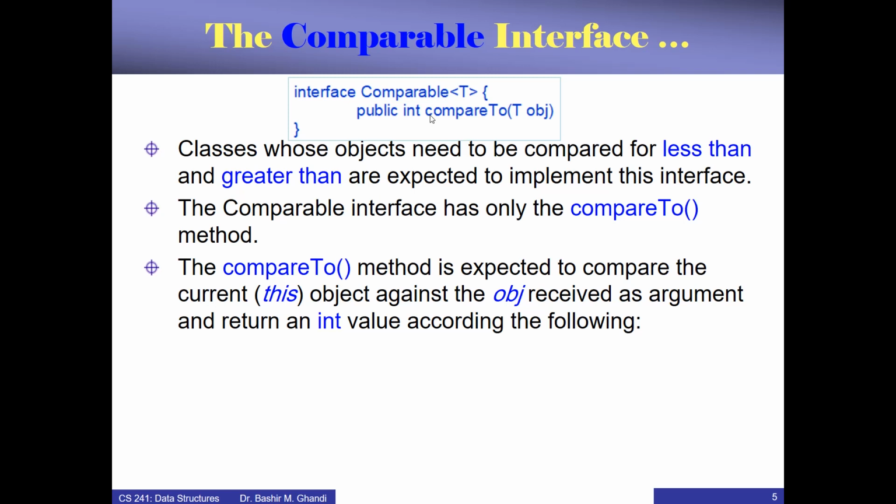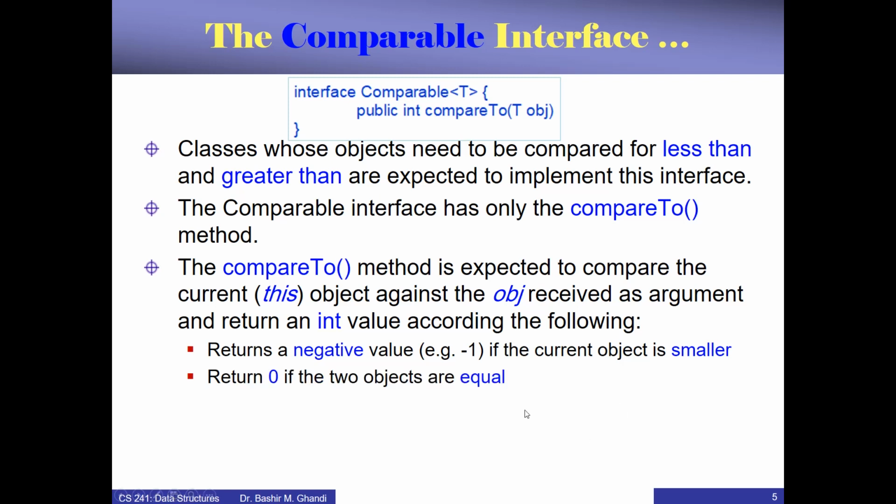Basically, it compares the current object against the one that is passed to it as argument, and it's going to return one of three possible values: a negative value if the current object is smaller, 0 if the two objects are equal, or a positive value if the current object is bigger.